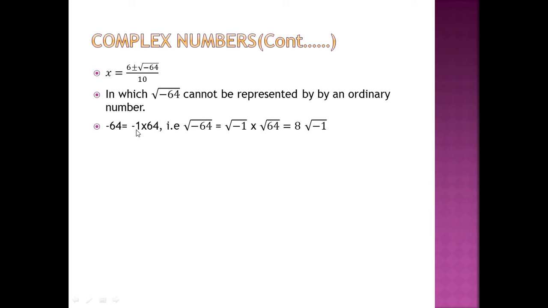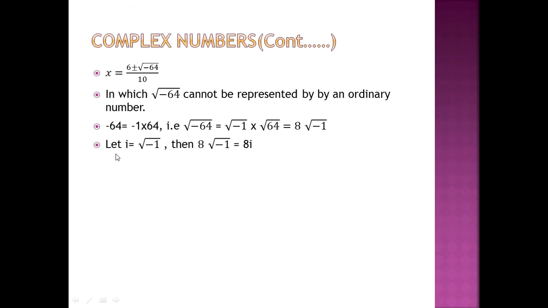We simplify it as the square root of negative 1 times the square root of 64, where the square root of positive 64 is 8, but the square root of negative 1 remains as it is.